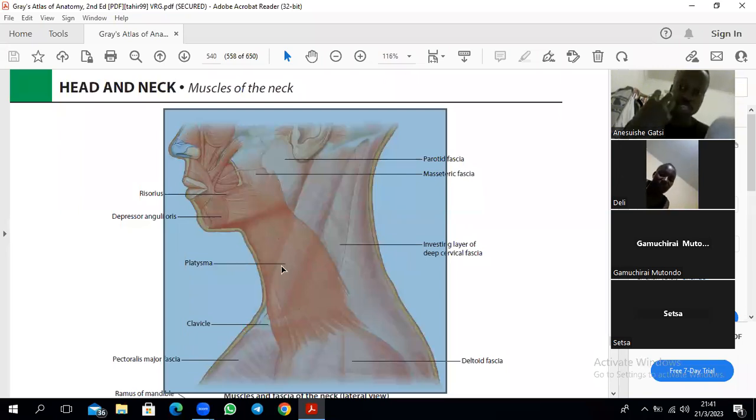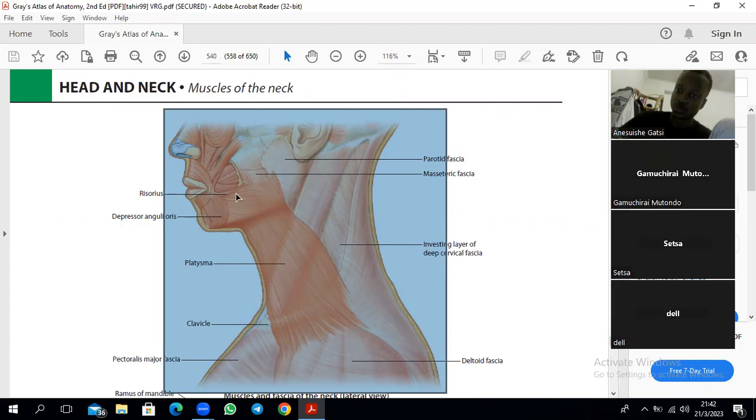So when you do face, the muscles of facial expression are innervated by the facial nerve, right? This platysma muscle, though on the neck, helps us with facial expression because it comes to insert into the lower jaw. So in terms of innervation, it's also innervated by the facial nerve, which innervates our muscles of facial expression.